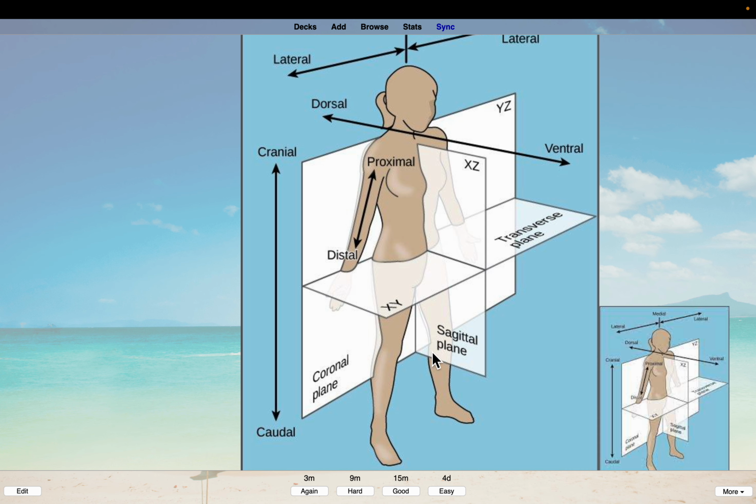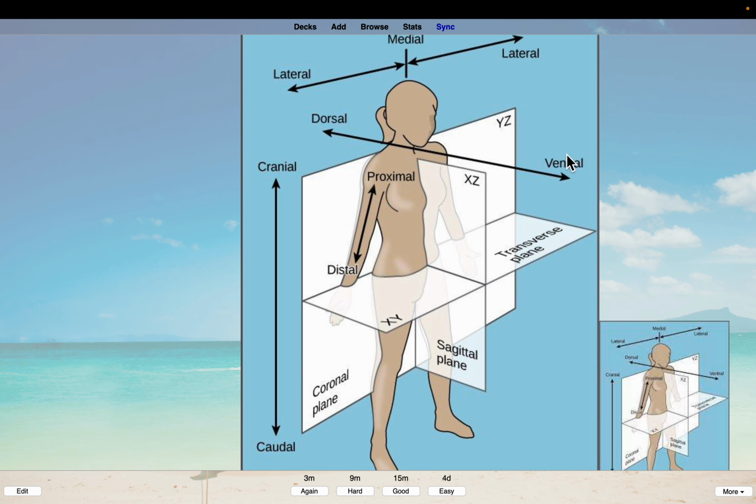The plane that slices the body into left and right is the sagittal plane. What slices the person into front and back is the coronal plane. So at the back again, we have dorsal, and in the front we have ventral.